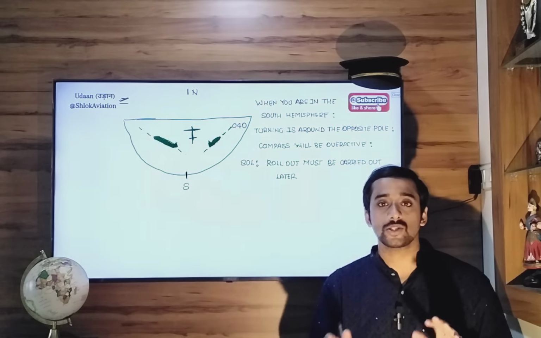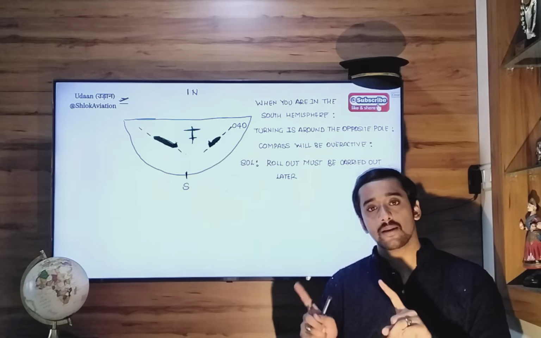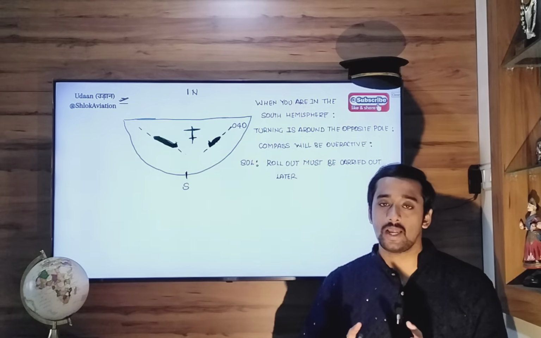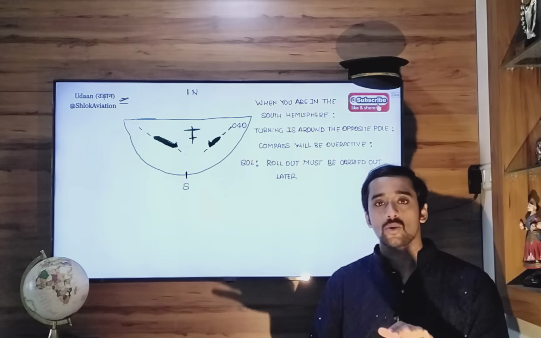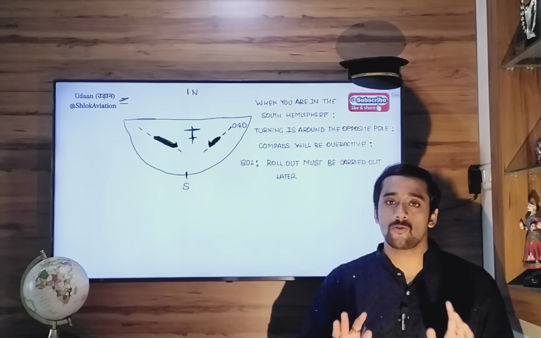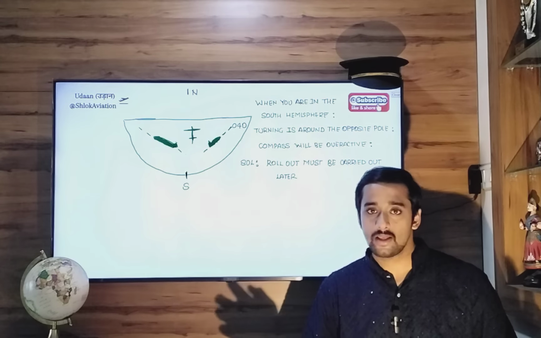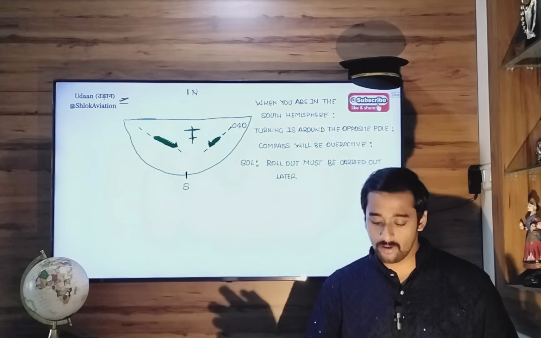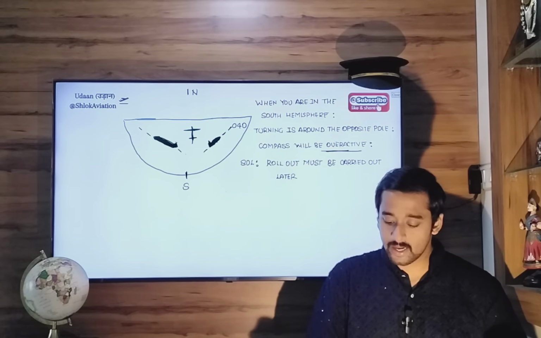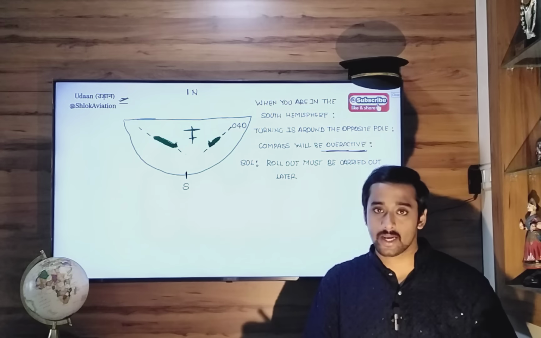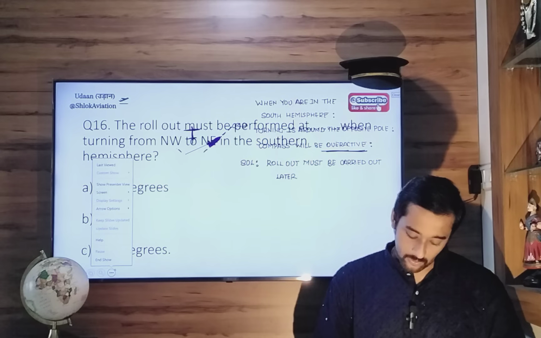When you start rolling out much later, by the time you complete your rollout, your magnetic compass will come back to the original heading of 040. So first it was showing 050, but when rollout is completed, it will show 040, because once you complete your rollout, the turning error will disappear. So rollout must be carried out later because the magnetic compass is behaving overactively.